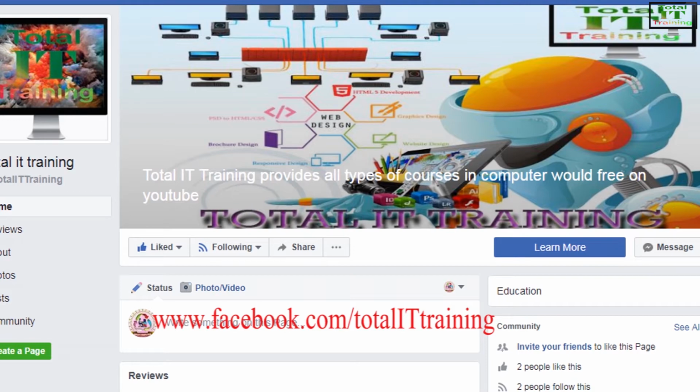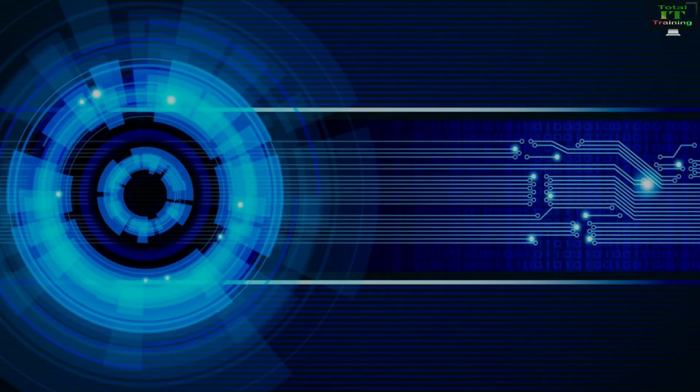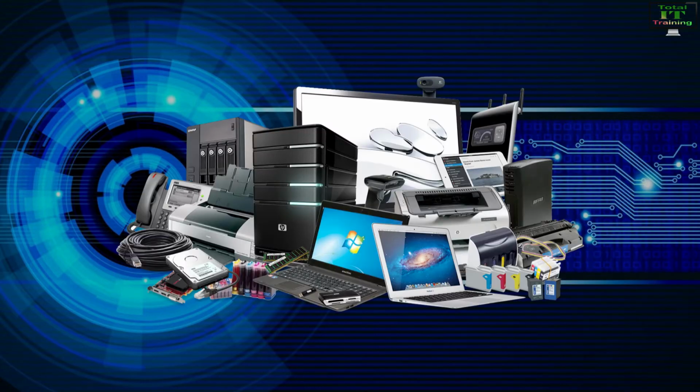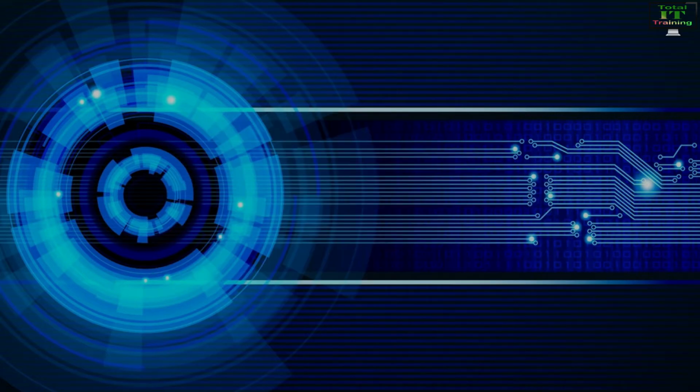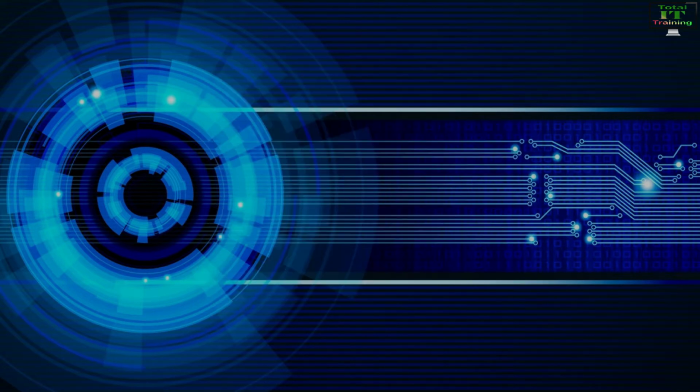www.facebook.com/Total IT Training. So an operating system is nothing but one system software. It manages all our hardware resources, like the laptop you are using, the smartphone, desktop, and lots of electronic gadgets. These are all maintained by the use of an operating system. The operating system always maintains our hardware resources according to our user requirements.